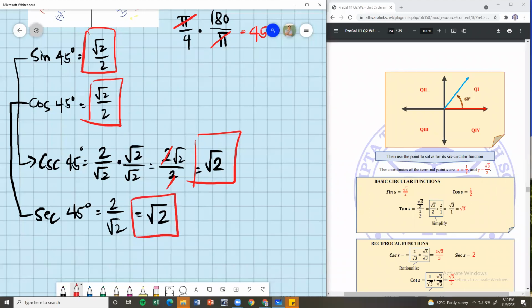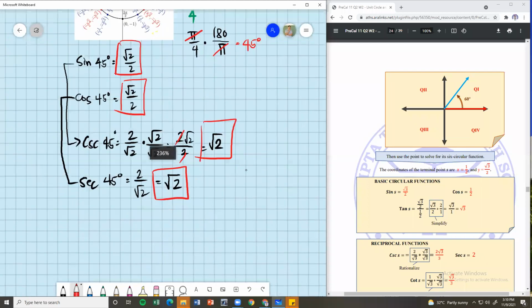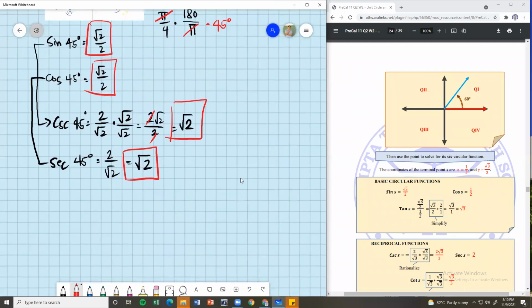Got it? And finally, for our tangent, it's sine over cosine. So for the tangent 45 degrees is equal to, your sine is square root of 2 over 2 over square root of 2 over 2.